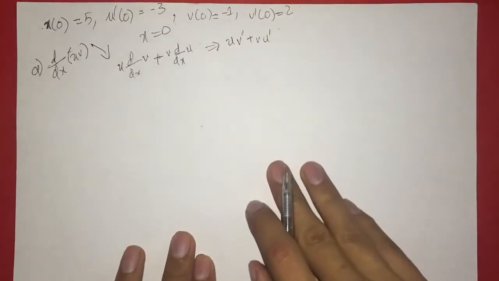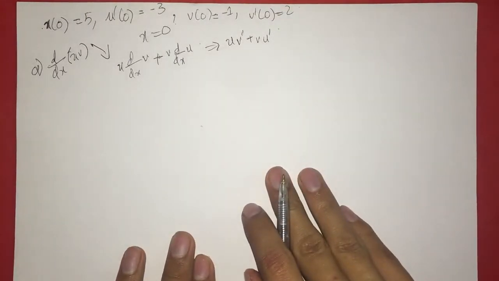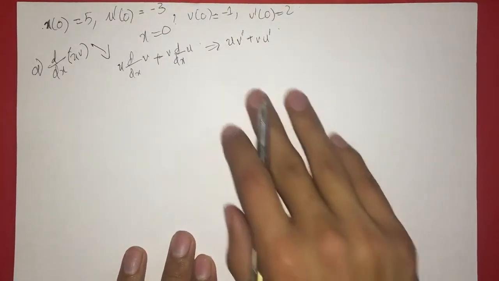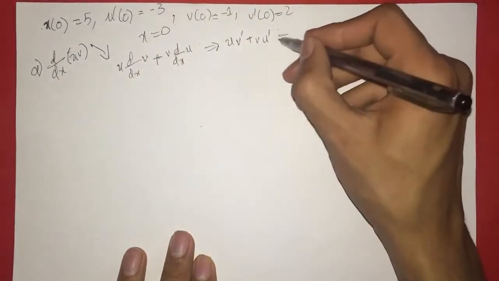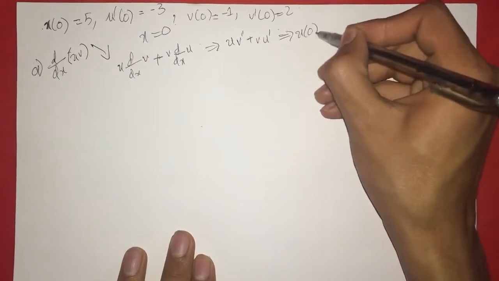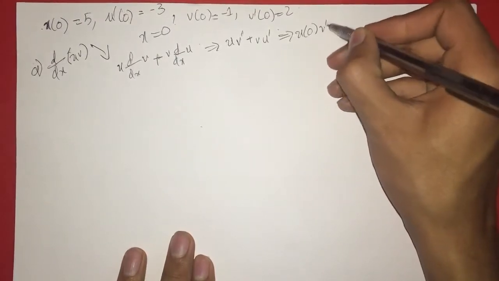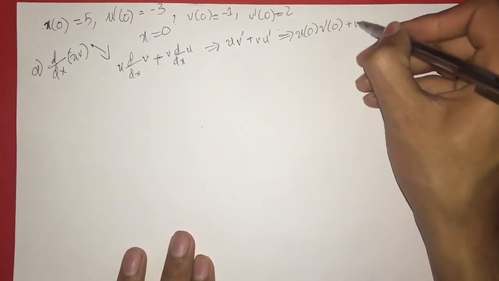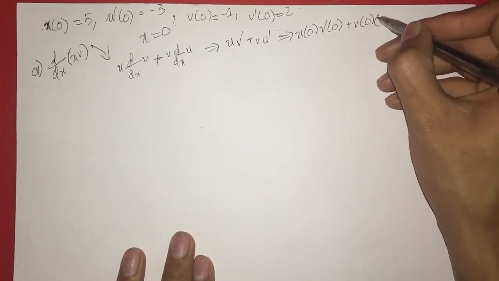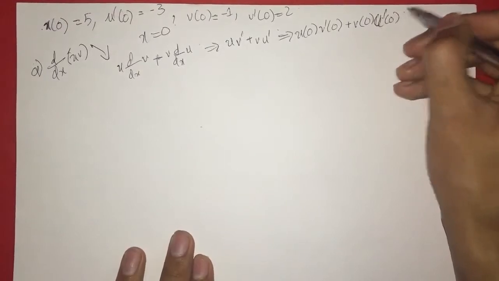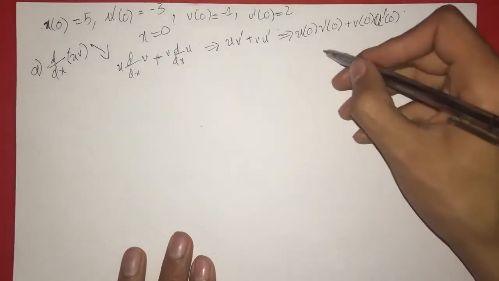They want us to find the derivative of this function at x equals 0. So u of 0 into v dash of 0 plus v of 0 into u dash of 0. What you are going to do is just put the values.